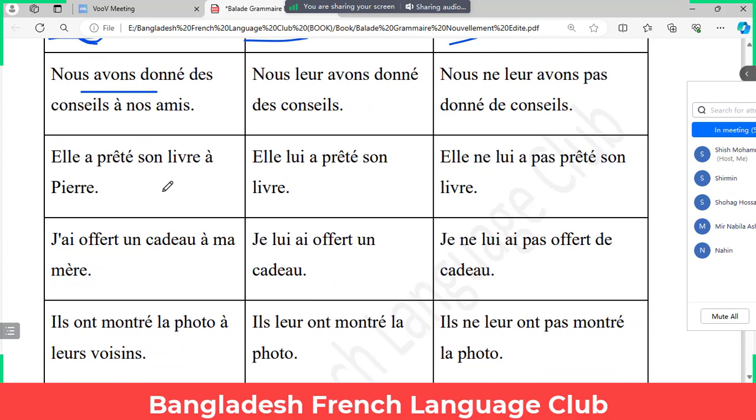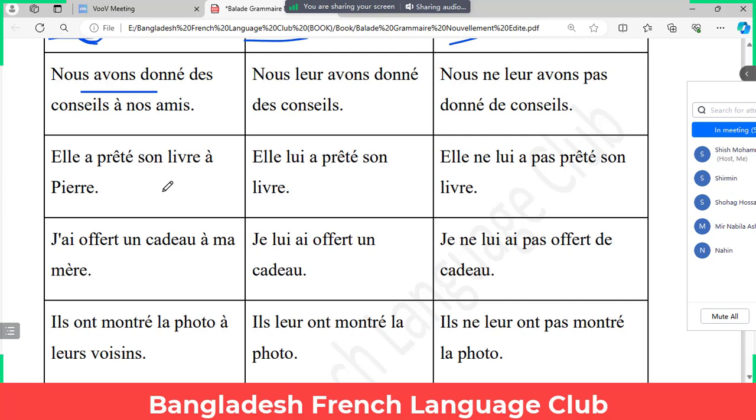Nous avons donné des conseils à nos amis. Donner means to give, to provide.